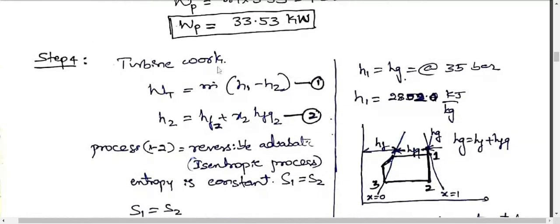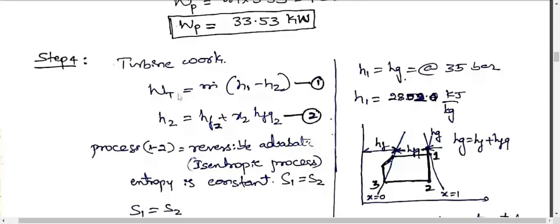Turbine work is nothing but the work done by the turbine during the expansion process. So work done by the turbine is equal to m dot. If m is given, then you will take whatever value is given. If m dot, that is mass flow rate, is not given, then we'll assume that m is equal to 1, into h1 minus h2.